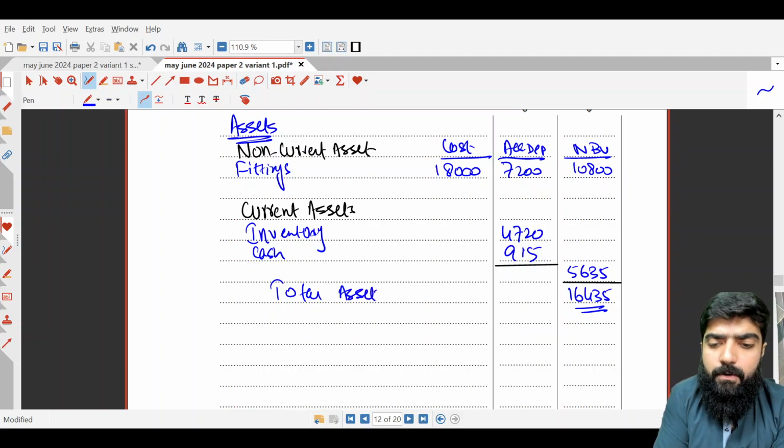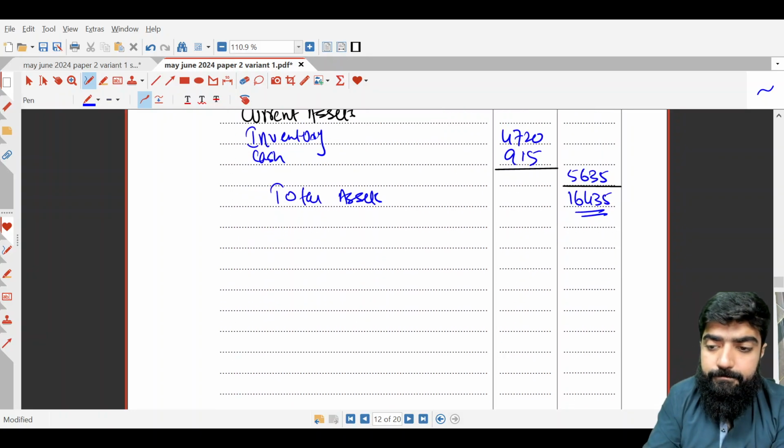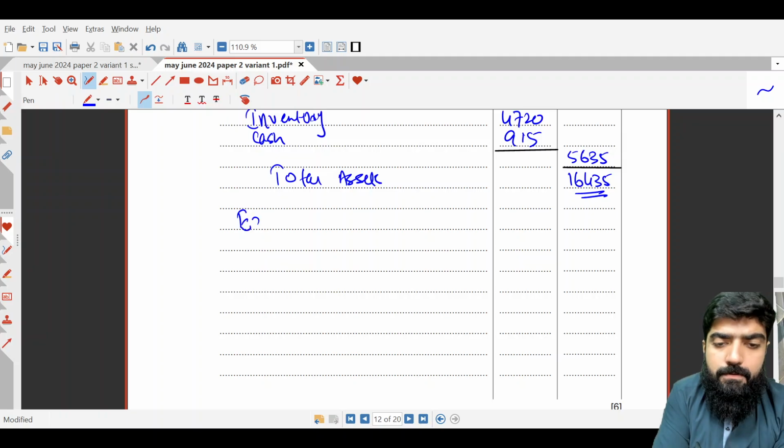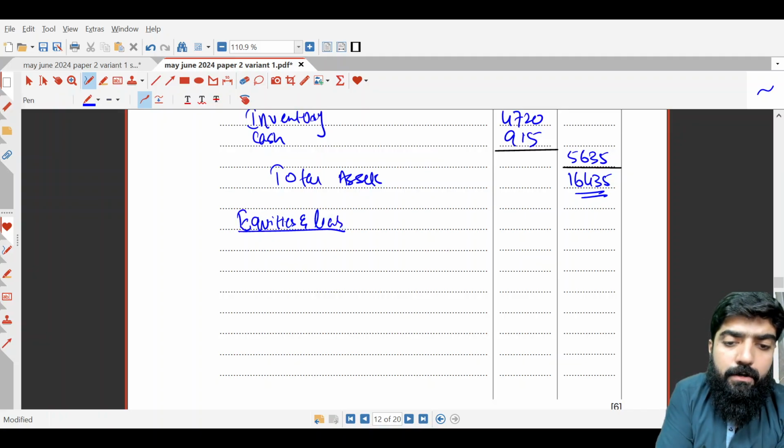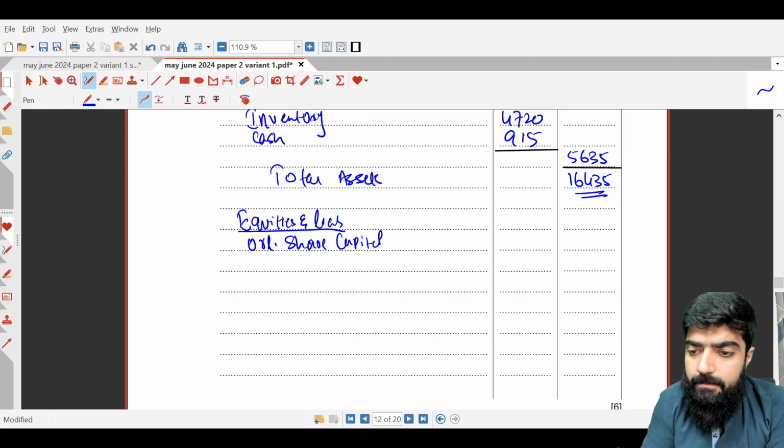Then we have now the equity side, equity and liabilities. In equity and liabilities, the ordinary share capital is 13,000.